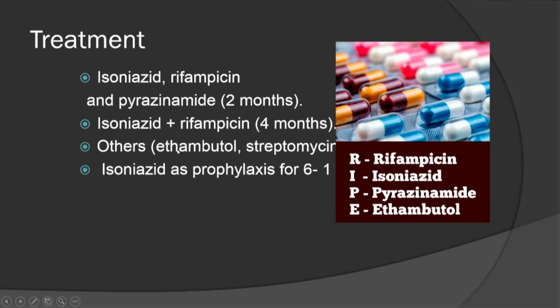Also, other drugs could be ethambutol and streptomycin. Actually, streptomycin was the first anti-tuberculosis drug used. In case of prophylaxis, to prevent the spread or the development of pulmonary TB, we can use isoniazid for 6 months to 1 year.